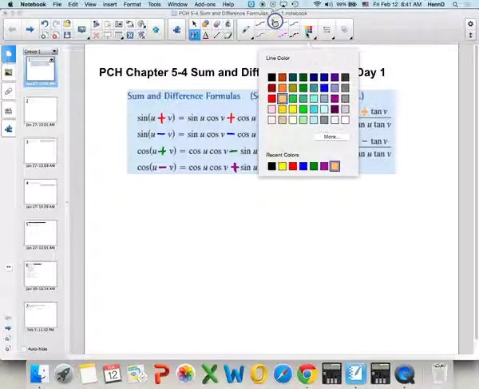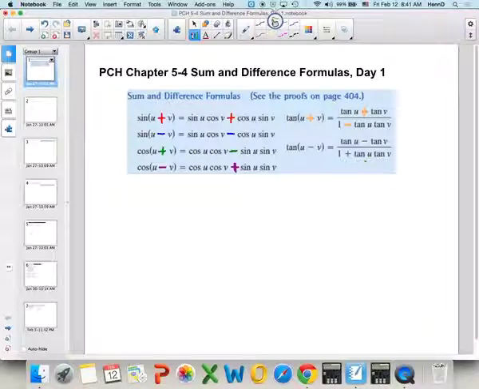For u minus v, the numerator is subtraction, but now the denominator is addition.